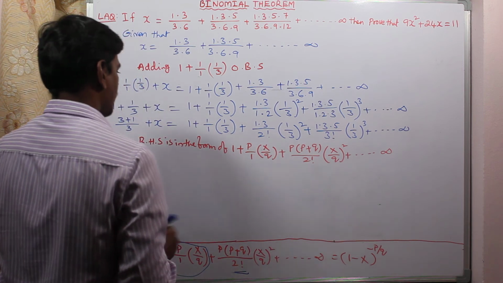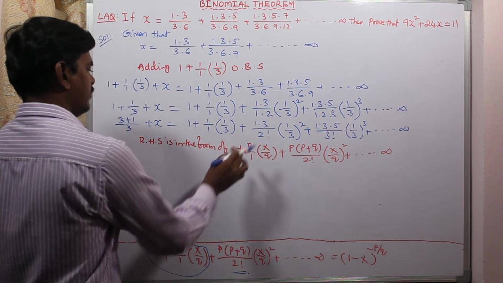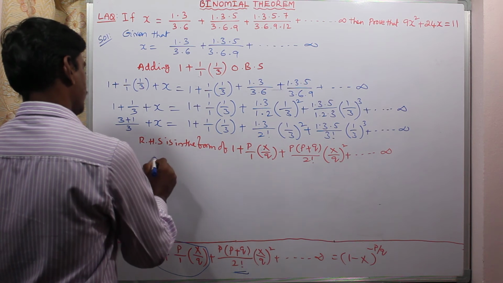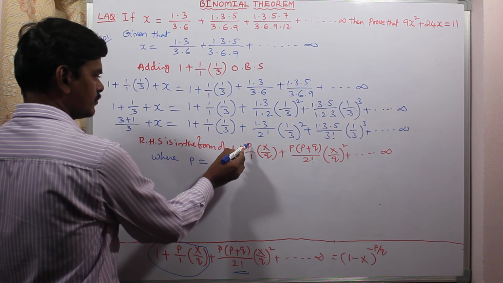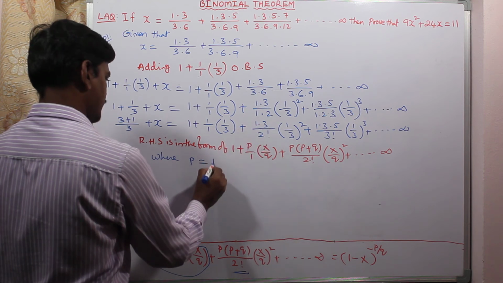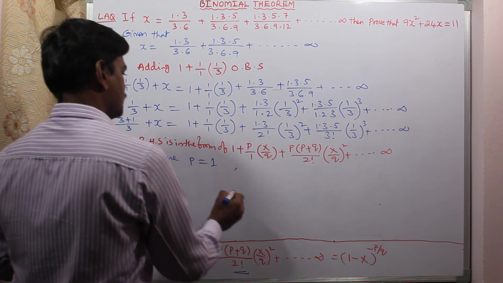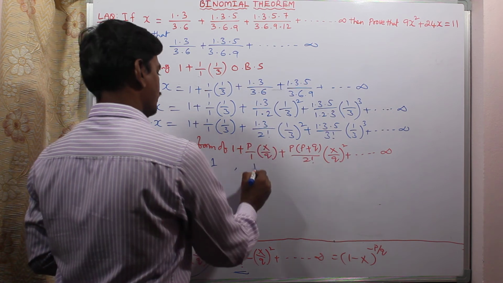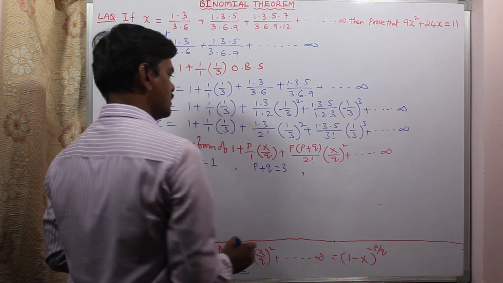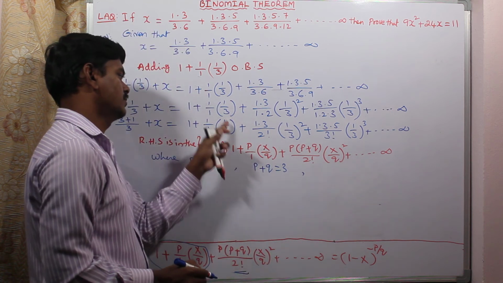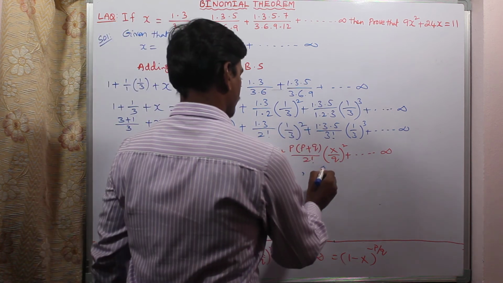So comparing this series with the formula, we are going to get the p value. What is p? p value is 1. Next, p plus q is equal to 3. Next, X by q is 1 by 3.